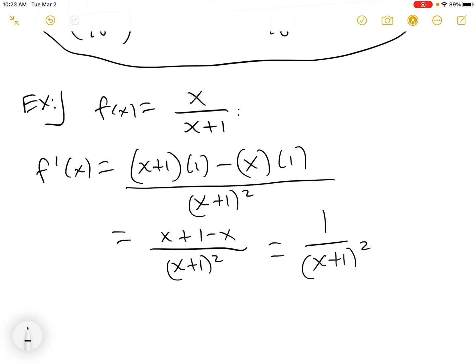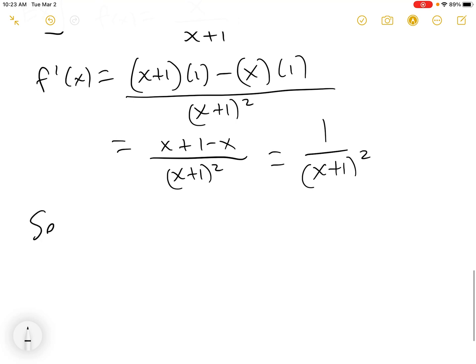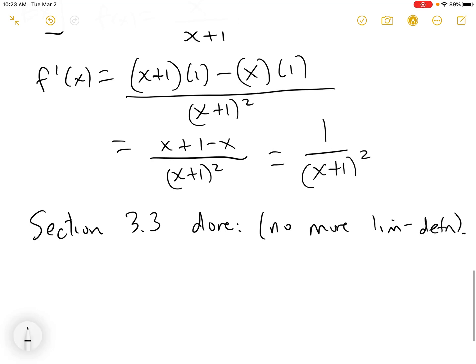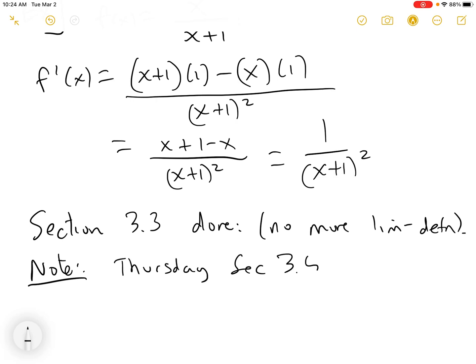All right, so that finishes section 3.3. And no more limit definition. I'll use it for proofs, but you don't have to use it for homework. And also note that I had tomorrow being 3.4 as our section, but it's actually going to be, so Thursday, section 3.5.